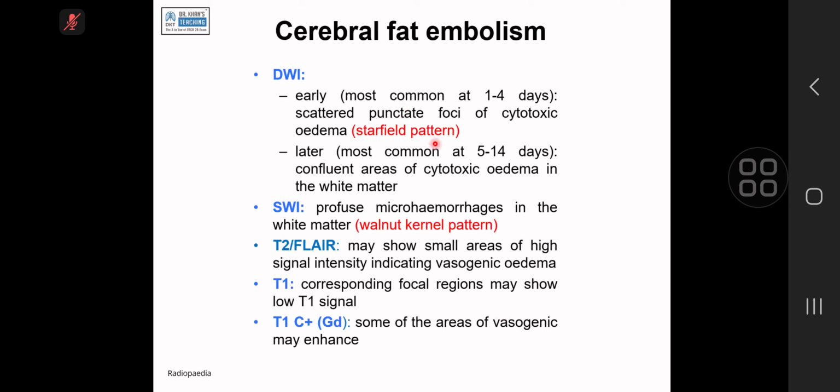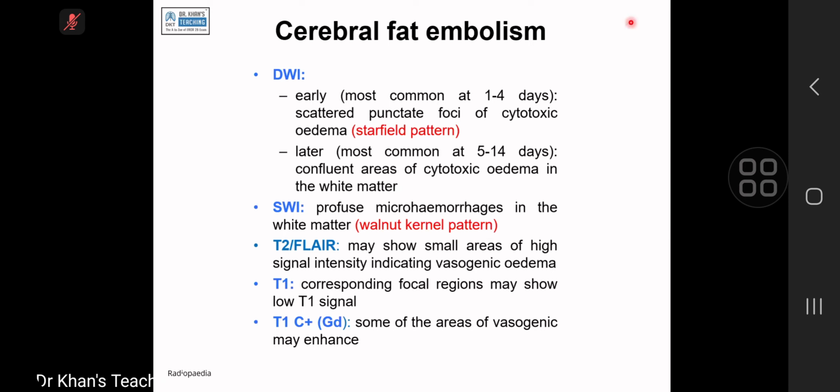Now, what happens is that if it is acute, between 1 and 4 days, you will get tens or hundreds of foci of restricted diffusion. Otherwise, when it becomes old, just like our case, where we were debating, is it restricted diffusion or not? Please remember this patient was transferred after about 10 days or so.